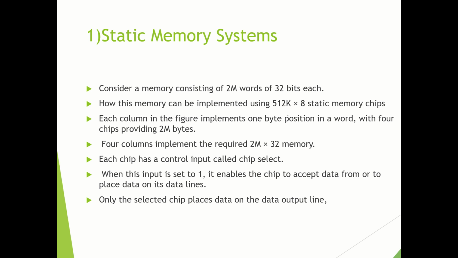The first point we have to find is how many such chips are needed in order to get the larger memory of size 2M by 32. That is, how many rows and columns of such chips are needed to generate this much memory. These chips will be arranged like an array.